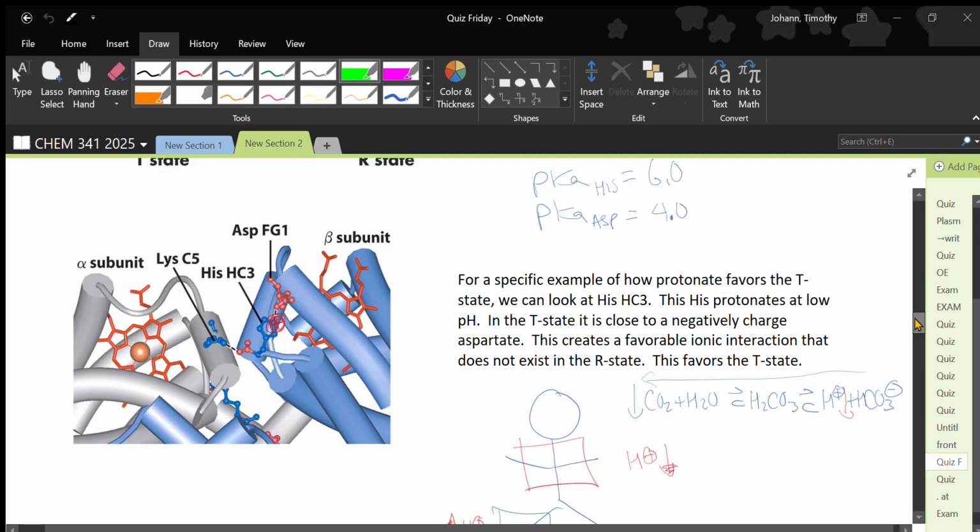Well, we've got a histidine here on the N-terminal end. That's not as important, but we've got a histidine here that when it protonates in the T state, it is right next to an aspartate. So we get this great positive-negative interaction. When you bring a positive next to a negative, you release energy that makes you more stable. If energy is released, things become more stable. So in the T state, they're next to each other.